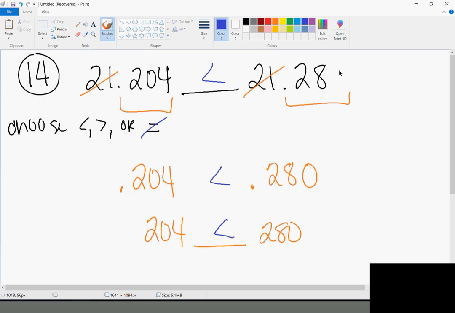It's the same thing as 21.280. So it's tricky. If you don't make them have the same number of decimal places, you'll think you're comparing 28 to 204. But you're not. You're comparing 204 to 280. All right? The answer is less than.